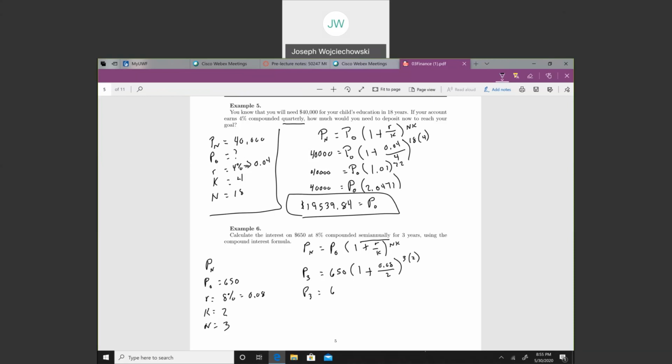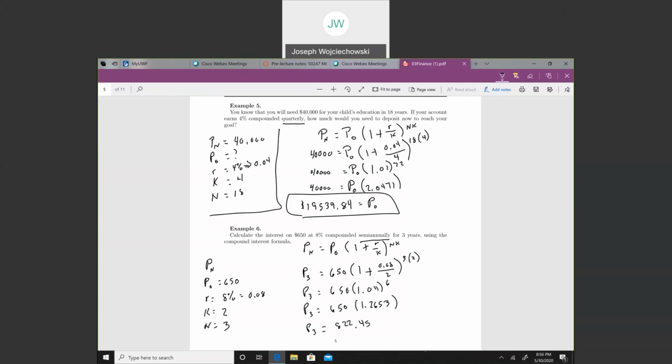So we have 650 times 1.04 to the 6th power. 1.04 to the 6th. We get P3 equals 650 times 1.2653. So P3 equals $822.45.